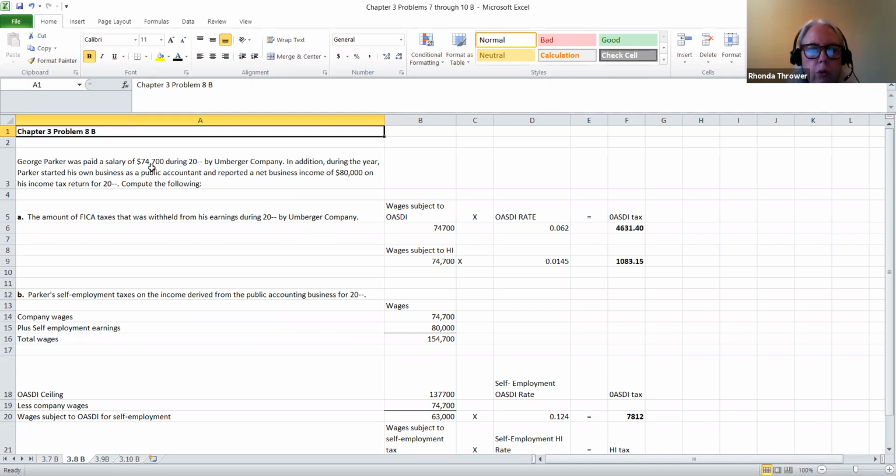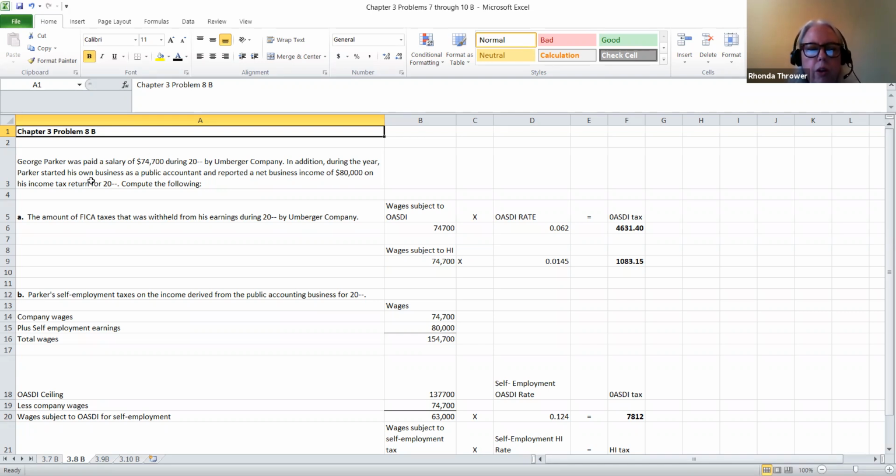In this case, Parker, who was subject to a salary that was paid by the Umberger Company, this is subject to OASDI taxes of 6.2%. His employer, Umberger, would pay 6.2%, and so would Parker. Parker would contribute 6.2%, and that would come out of his earnings.